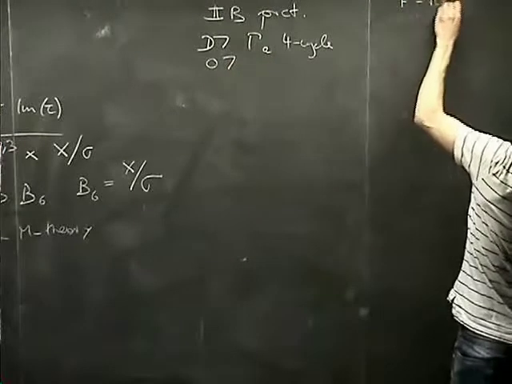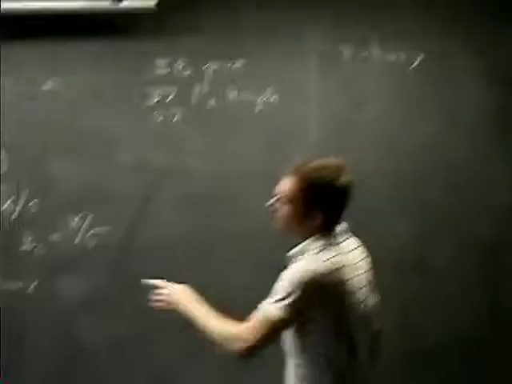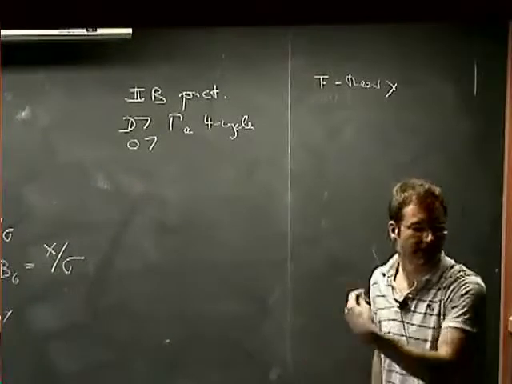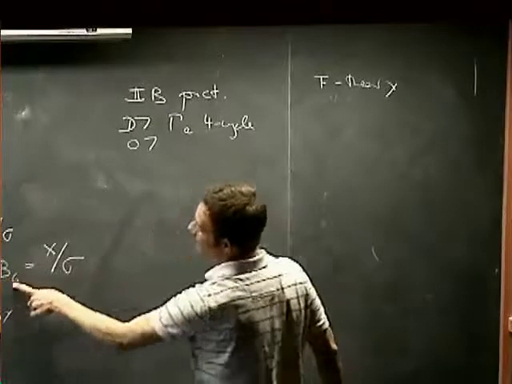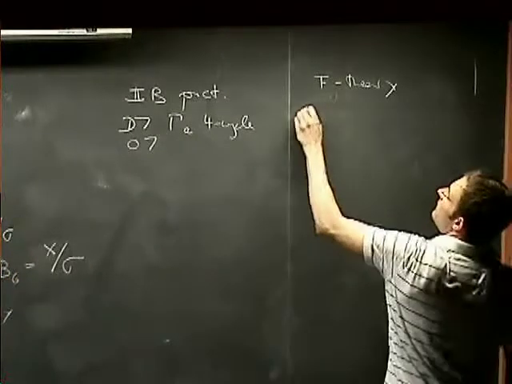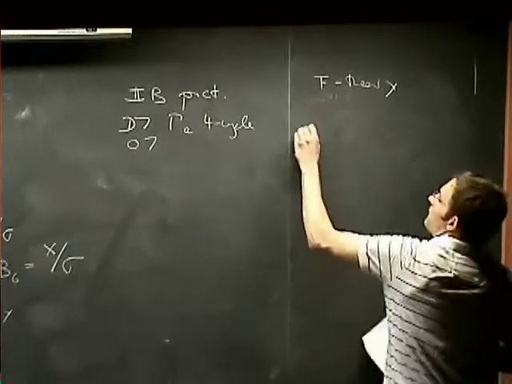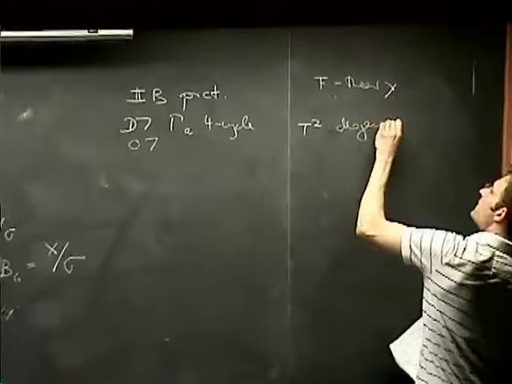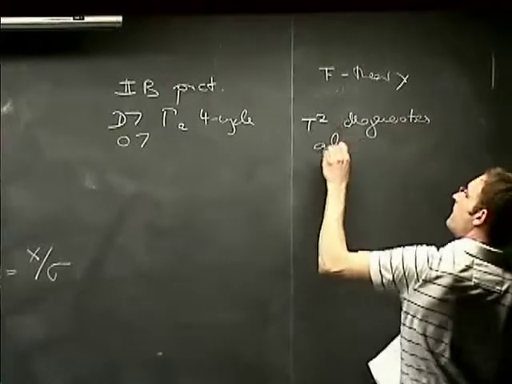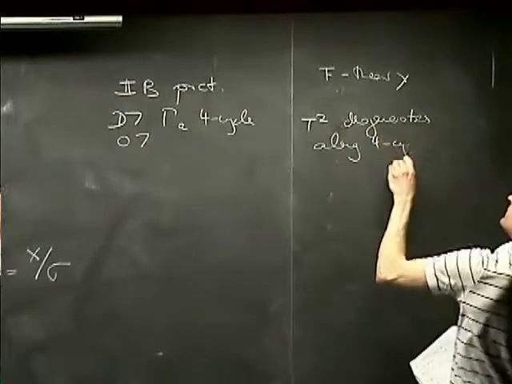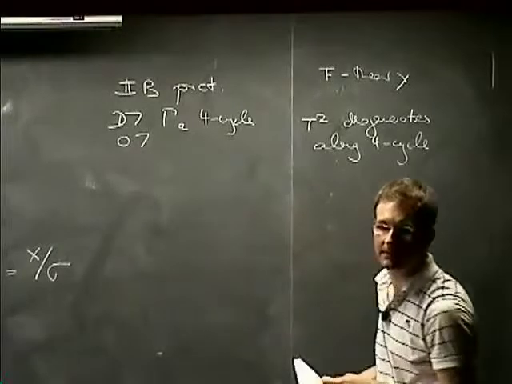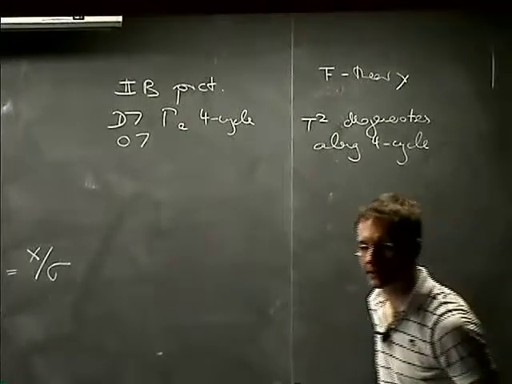From the F-theory point of view, this means that the torus degenerates over a particular 4 cycle in our base B6. So T2 degenerates along a particular 4 cycle in the F-theory picture. And the same also for the orientifold.